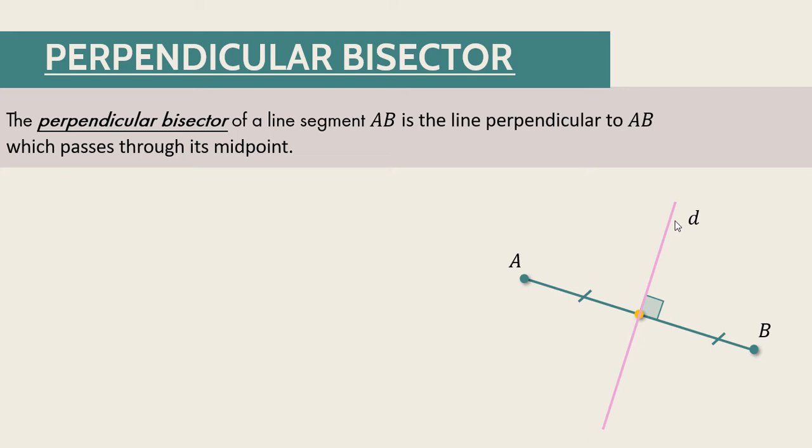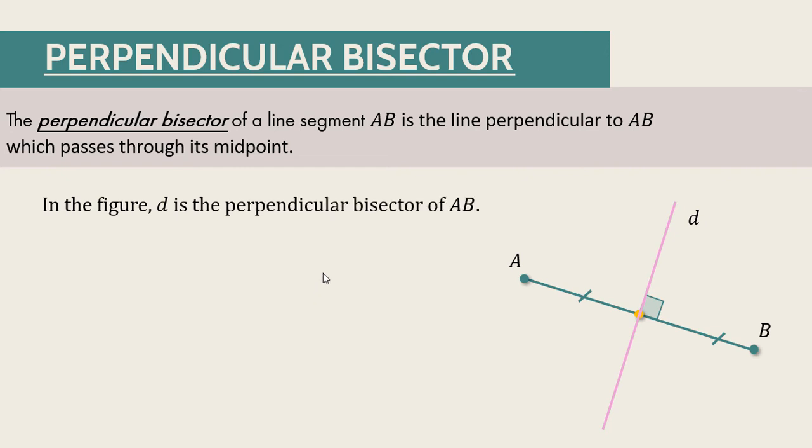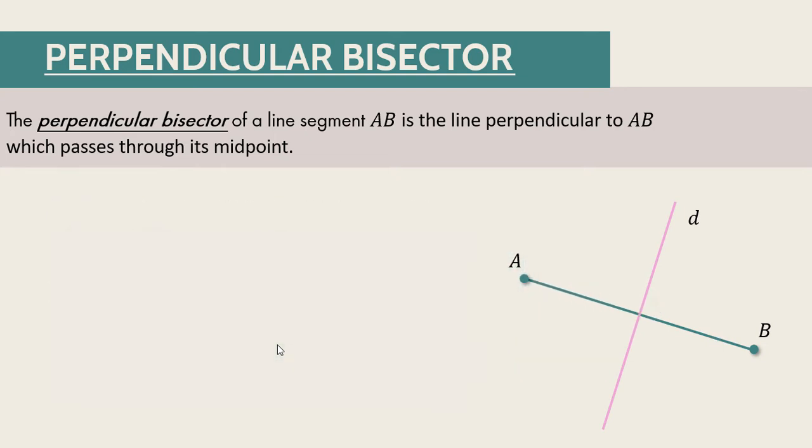It is perpendicular to AB and it passes through the midpoint of AB. In the figure, D is the perpendicular bisector of AB. In notation, we write D is perpendicular to AB like this, and D intersects AB at I, and IA is equal to IB.